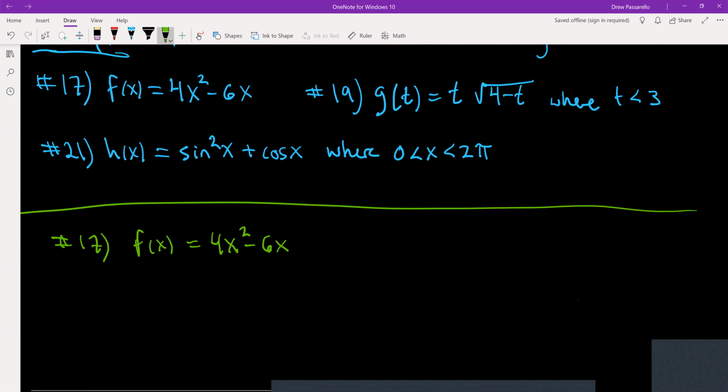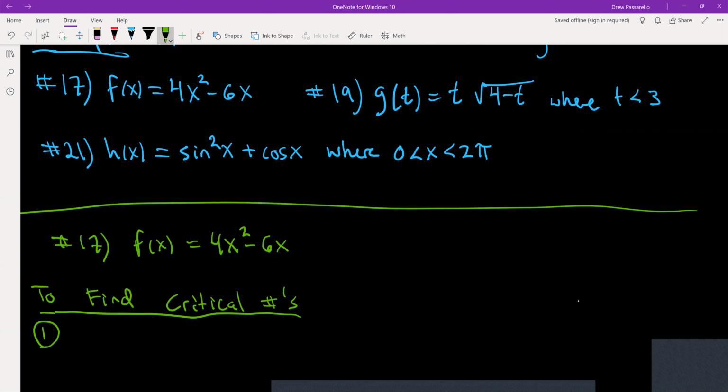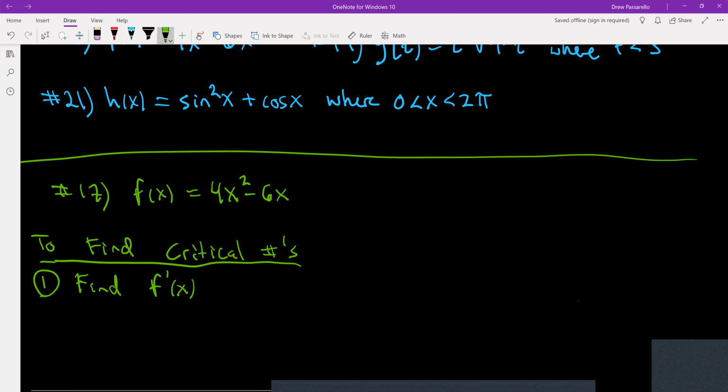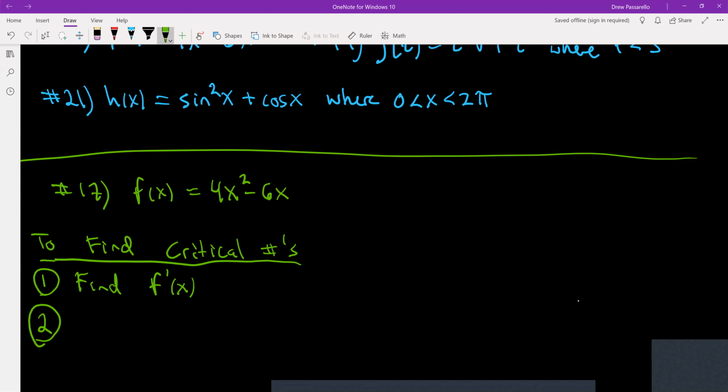All right, so to find the critical numbers, the first thing you need to do is find its derivative. So find f prime of x. And then find the critical numbers themselves.